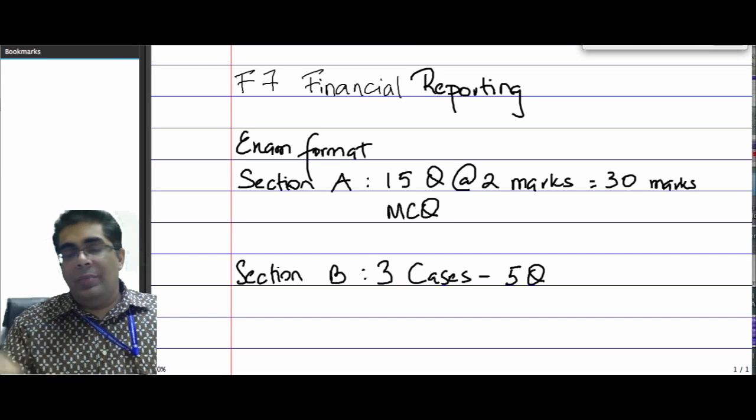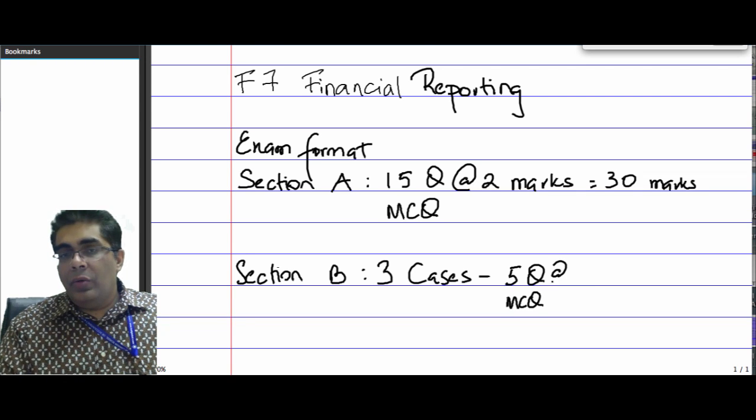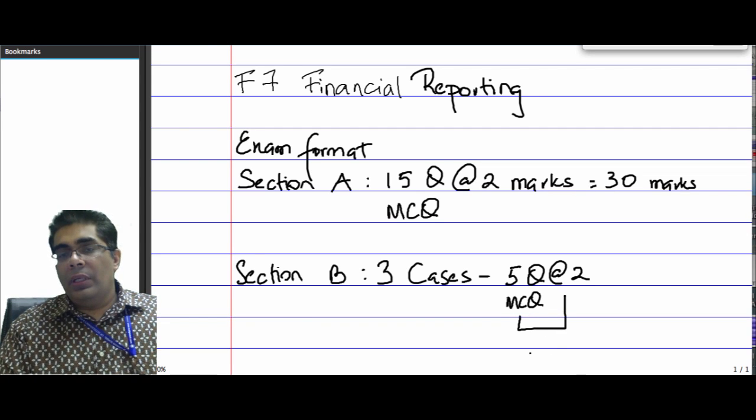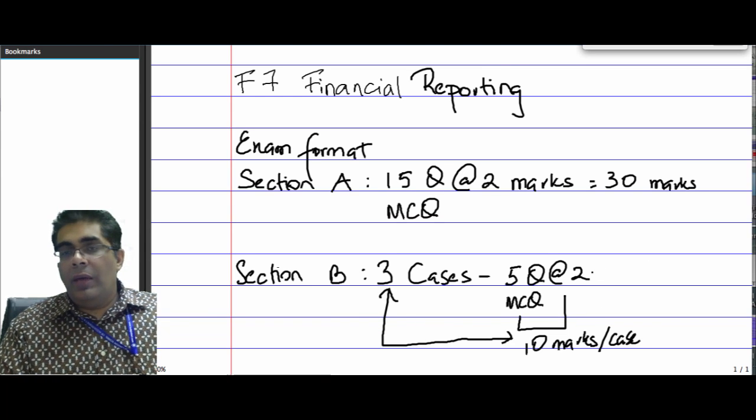So there will be a story being given to you, and there are five multiple choice questions at 2 marks each. Okay, so there you have your 10 marks per case, and that will be multiplied by your 3 cases. So you have your 30 marks as well.